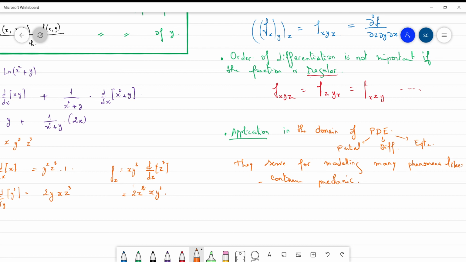For example, we show that the temperature or the movement of sound waves, the equation of waves, is modeled by what we call Δu = du/dt. Here u is the height of the wave, I think, and Δu is called the Laplacian.